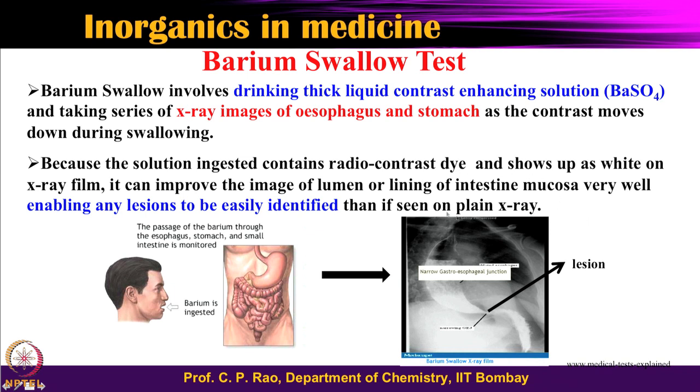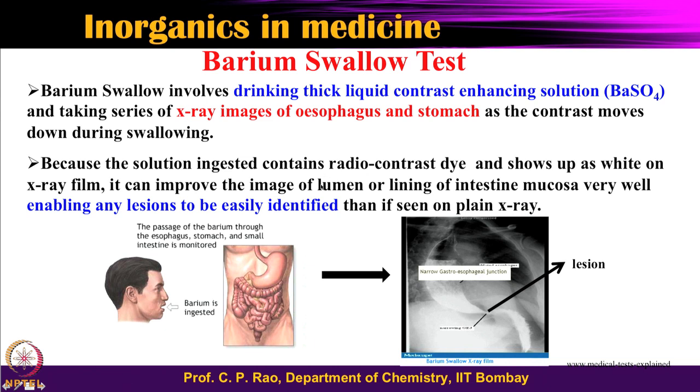If you take an X-ray as such for a person who has lesions in their stomach or intestines, you can see nothing. But if you make him or her drink the barium meal, and then you take the X-ray, then you will find the contrast.